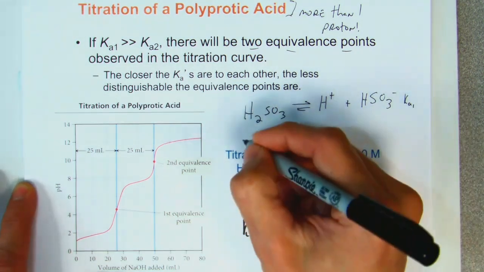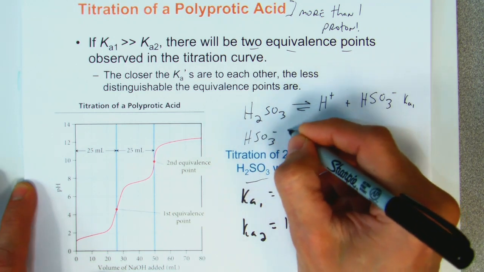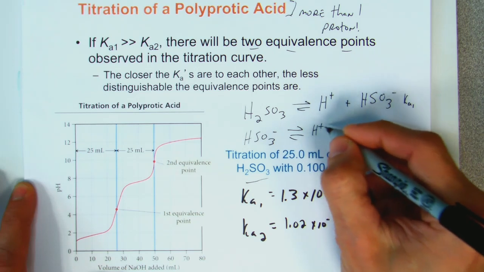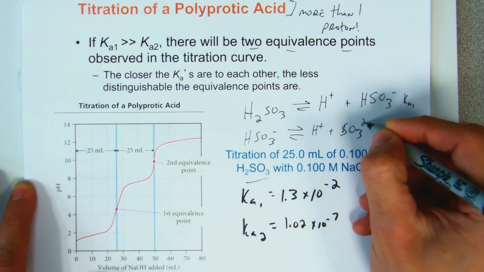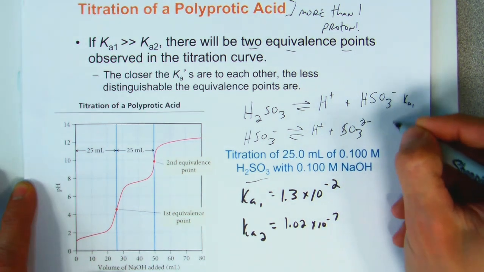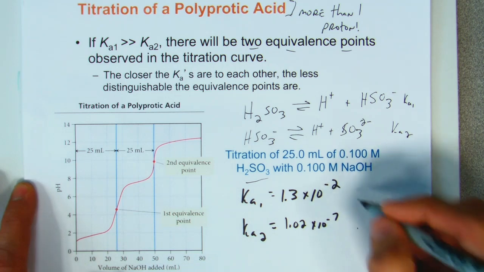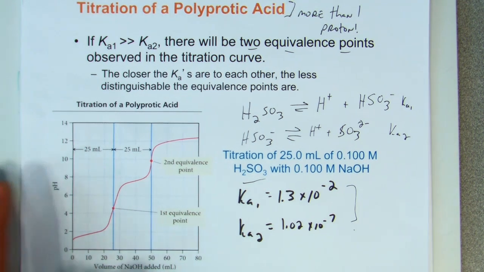And then in the second step, we can titrate off that second proton. Just SO3 2 minus now. Alright, and of course that's governed by Ka2. Here are the values for these two. Can we compute the pH along the curve? I think that we can.